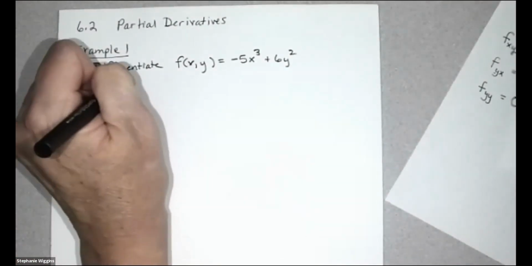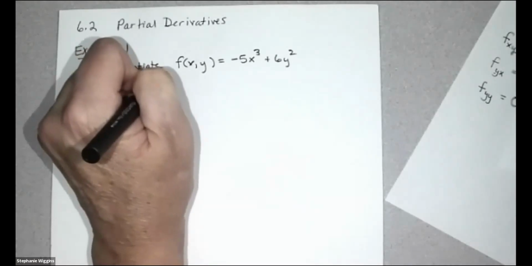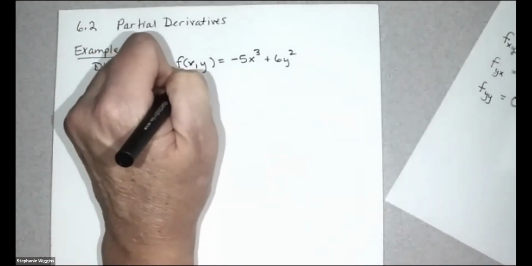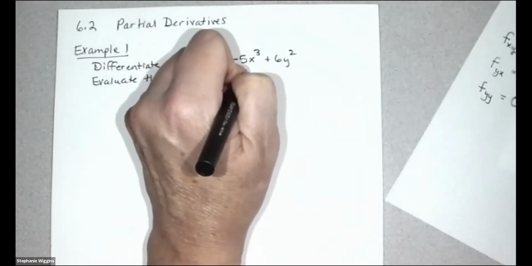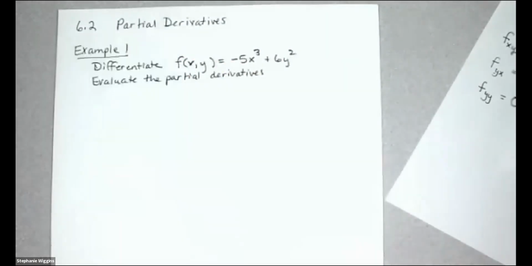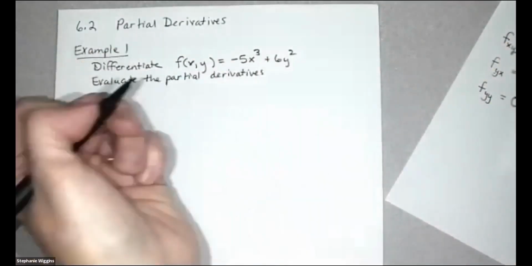we want to differentiate and then evaluate the partial derivatives. At -3, -3.